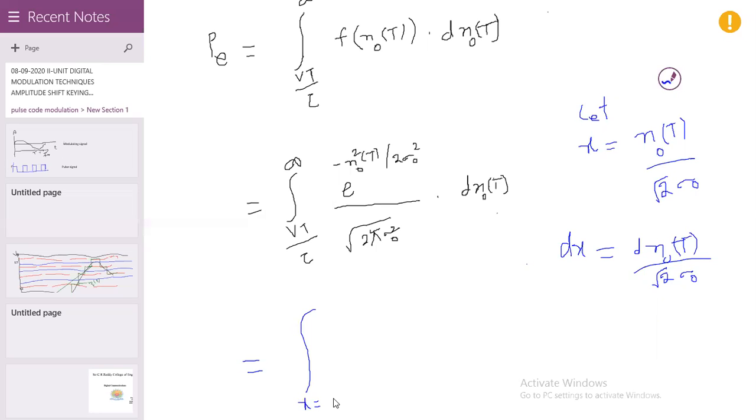So in terms of x you can write: V root of t by eta to infinity, e to the power of minus x square into dx, and other parameters also there. The constant 1 by 2 and 2 by root pi.